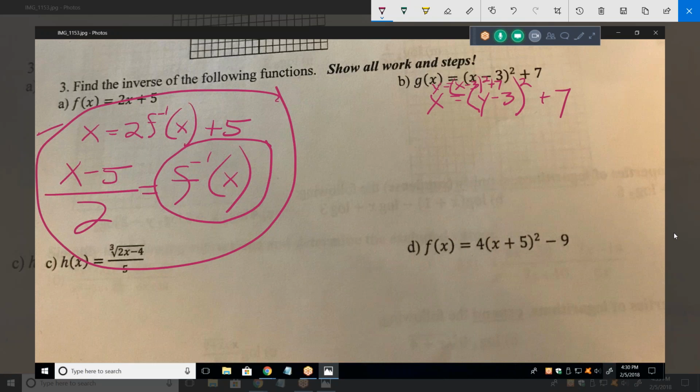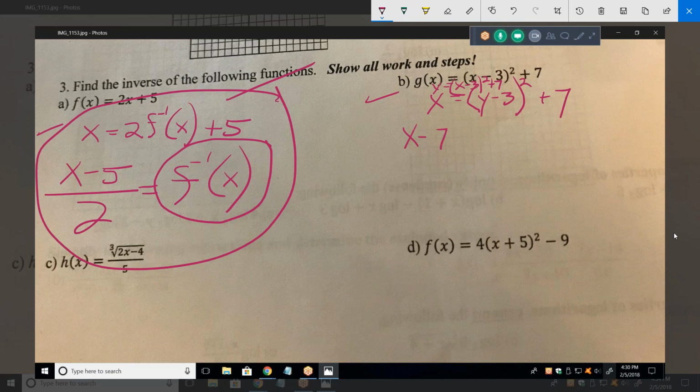In other words, you're doing it the first way. You're not going to call that g to the minus 1 of x, which is fine. Okay, so what's the next line? So you swap the variables. Now solve. Now, you subtract 7, square root it, and add 3.